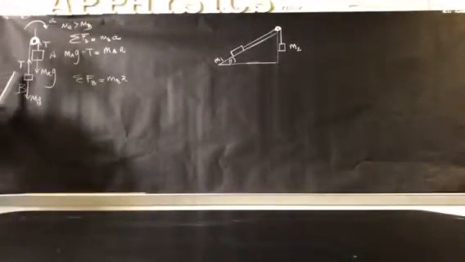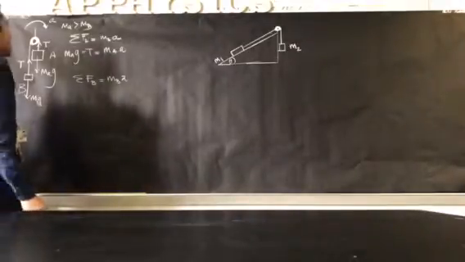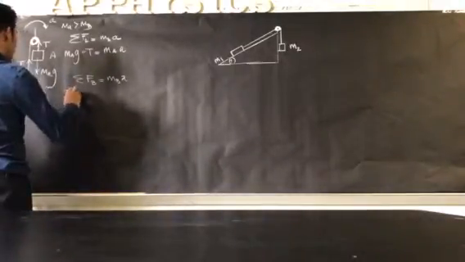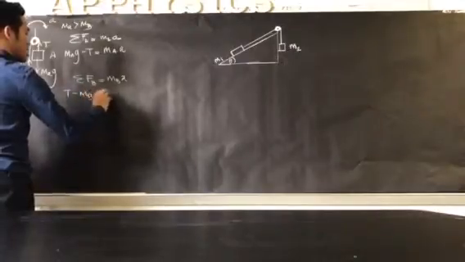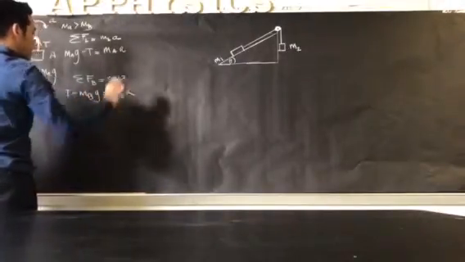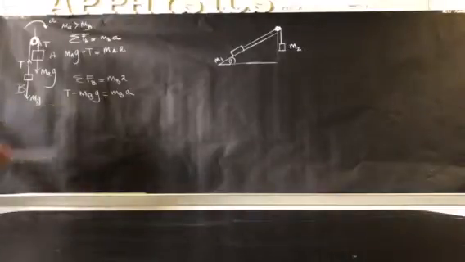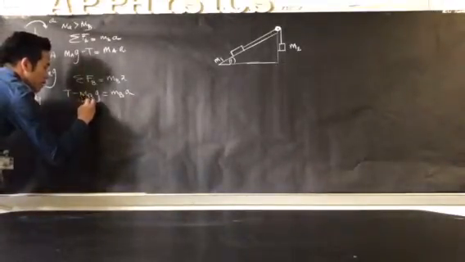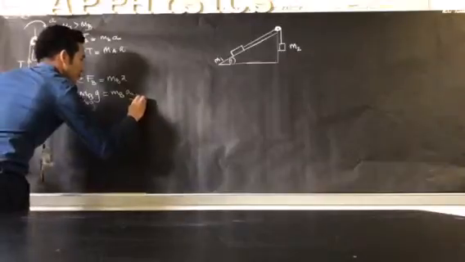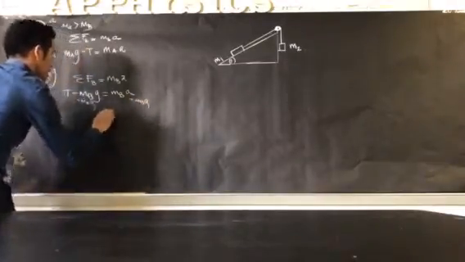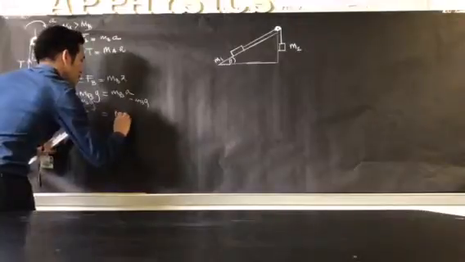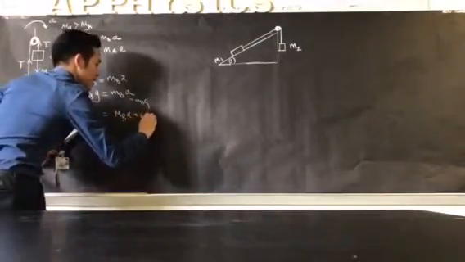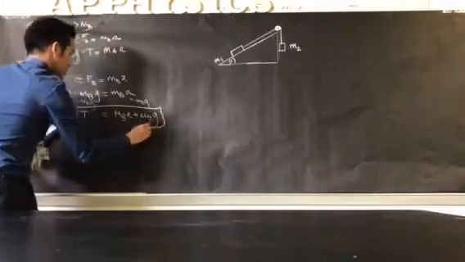Since the box is moving up, the box is being lifted up, that means the tension has to be greater than m_B g, so T minus m_B g is equal to m_B a. Now I'm isolating T by itself, so I add m_B g to both sides of the equation. That gives me tension is equal to m_B a plus m_B g, and that is the tension equation.